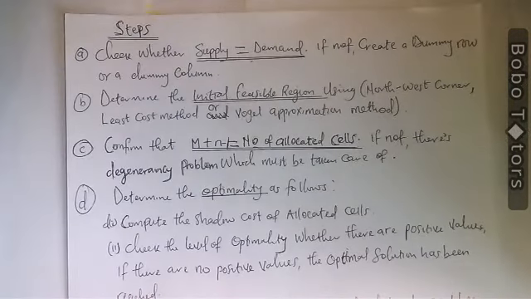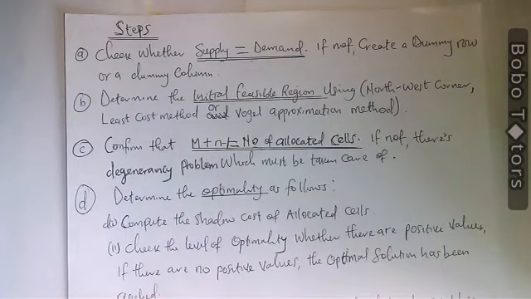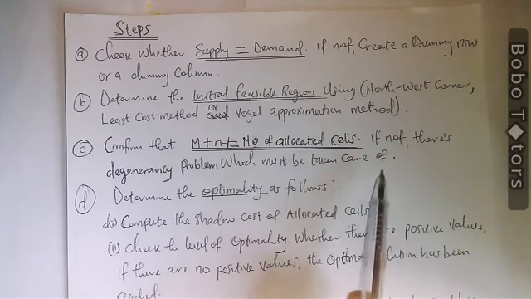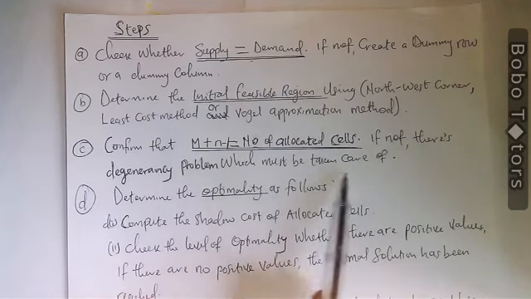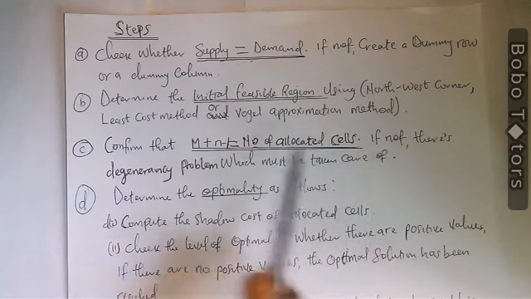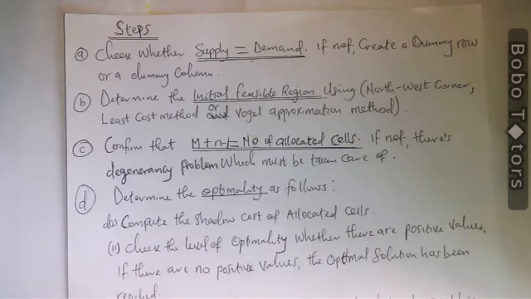Now, the third one is after you might have allocated using the northwest or least cost or Vogel, you check whether the number of rows plus the number of columns minus 1 is equal to the number of allocated cells. If not, there is a degeneracy problem which must be taken care of. This will not be considered in the course of this lecture.